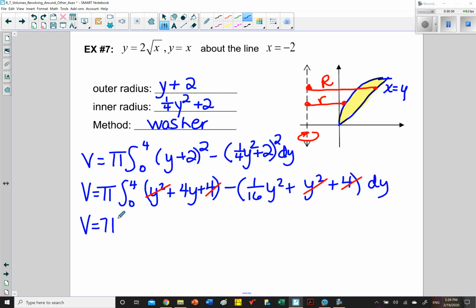That volume is 4y minus 1/16 y to the 4th, dy.